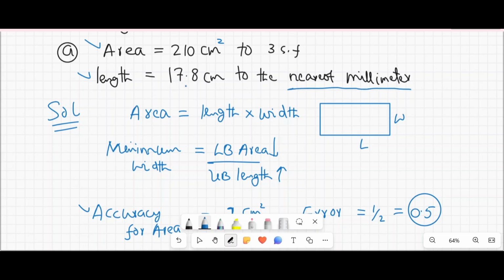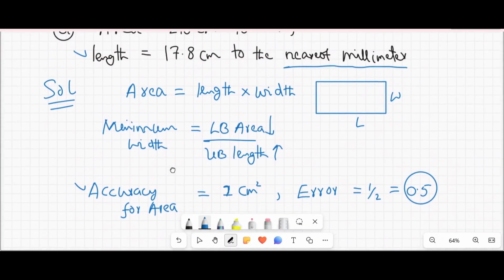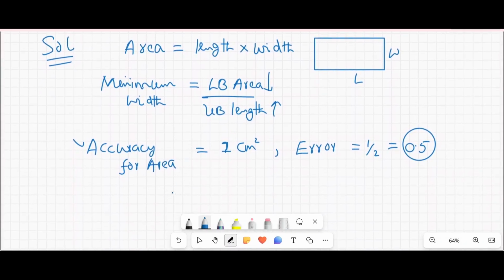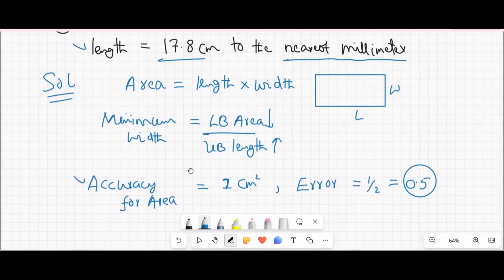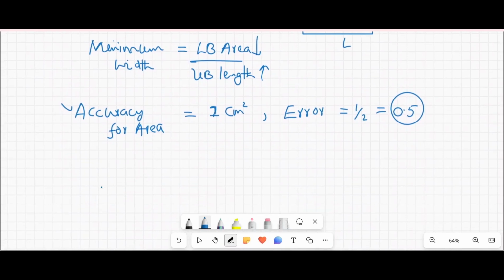So now you have to find the 17.8 centimeter to the nearest millimeter. So the length is given in centimeters.